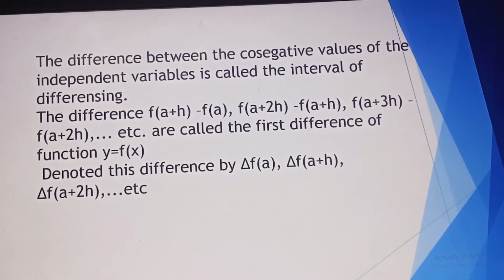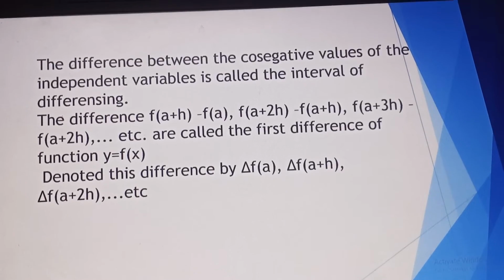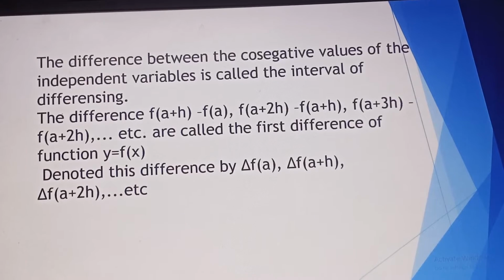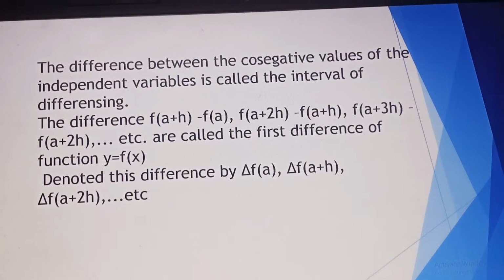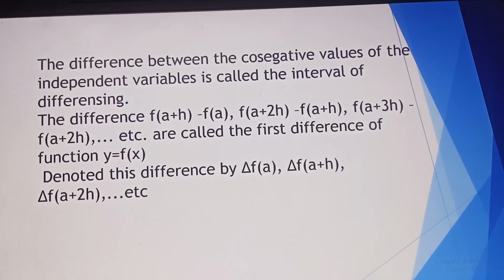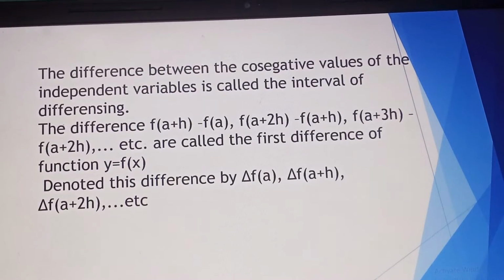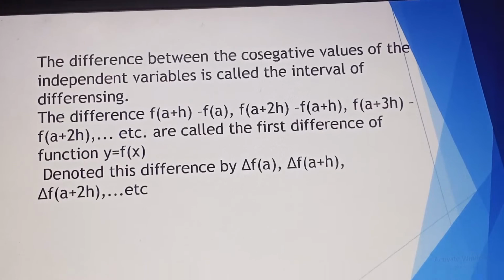The differences f of a plus h minus f of a, f of a plus 2h minus f of a plus h, f of a plus 3h minus f of a plus 2h, etc. are called first differences of the function y equal to f of x.